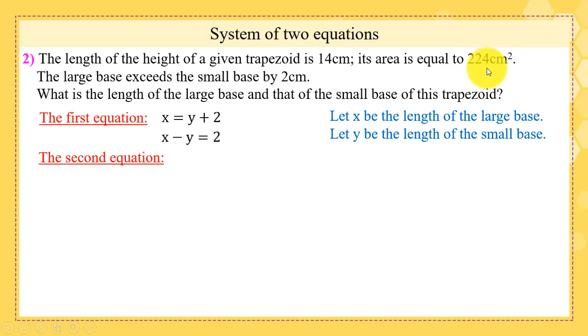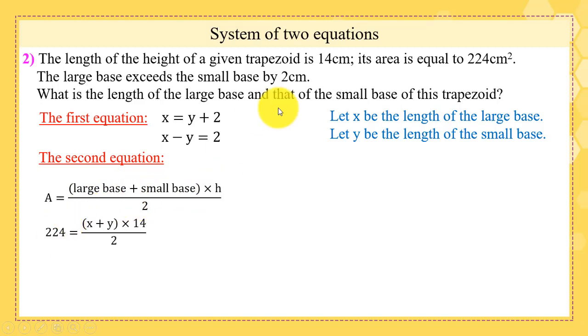As we know, the area of the trapezoid is large base plus small base times height over 2. So 224, the area of the trapezoid, is equal to (X plus Y) times 14 over 2. So (X plus Y) times 14 equal to 448, and so X plus Y equal to 32.